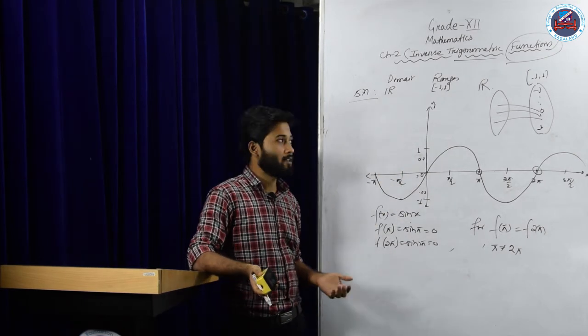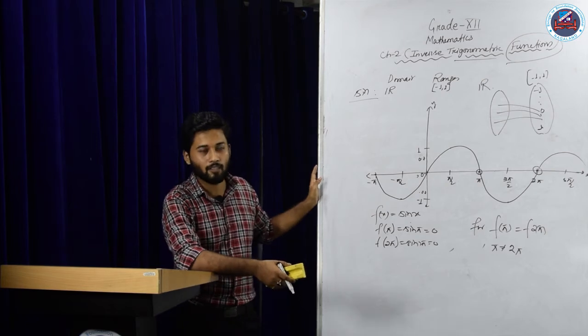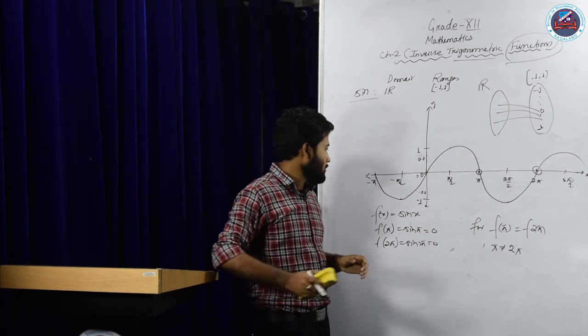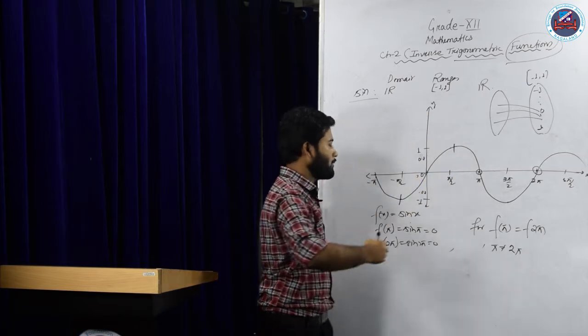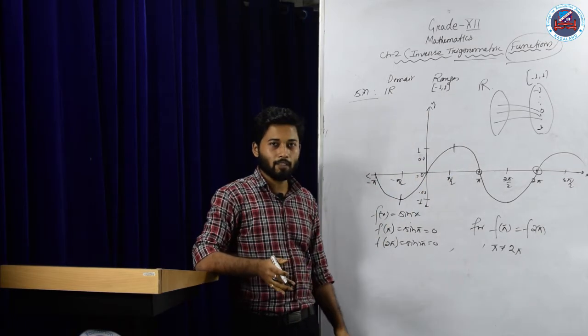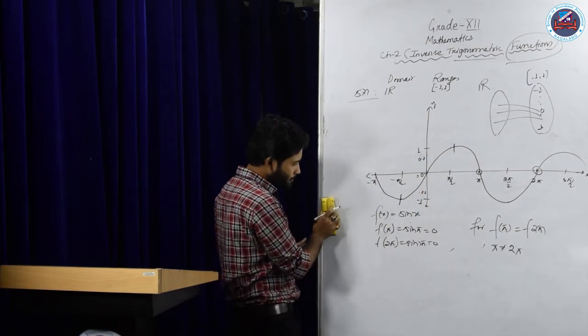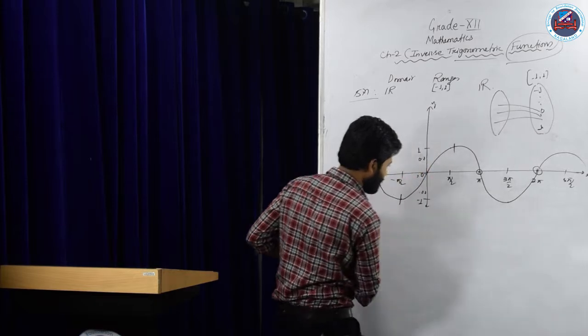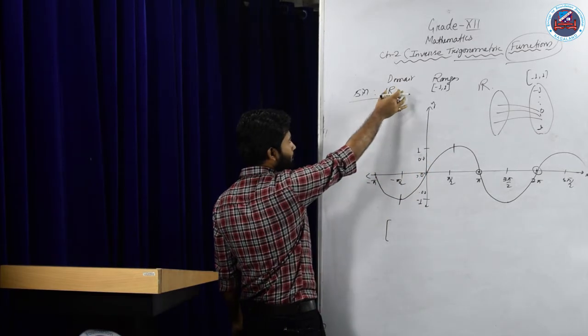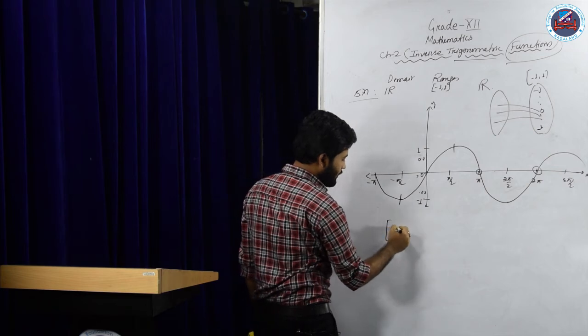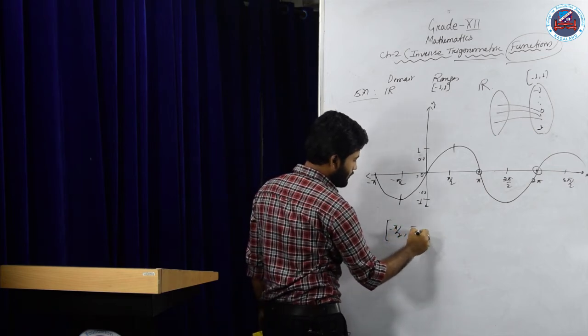So what to do? Our chapter deals with the inverse trigonometric function. So what we shall do is restrict our domain from -pi by 2 to pi by 2. Clear? That is, we shall replace R by -pi by 2 to pi by 2.